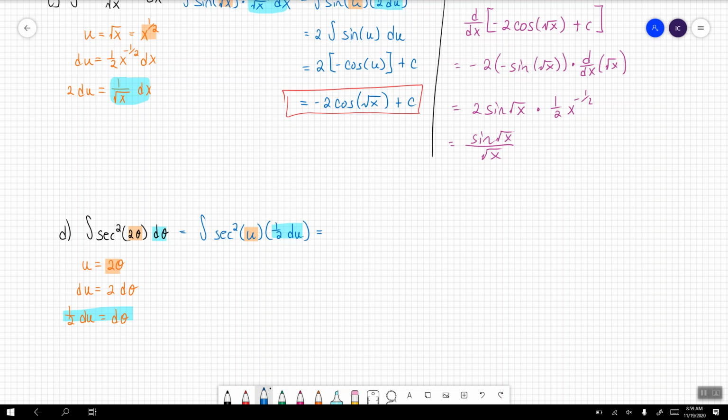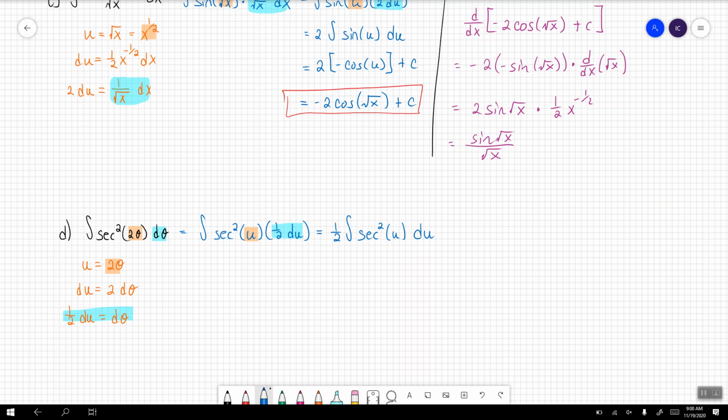So I'm going to keep going with my integration properties, factor out the 1/2, then that's secant squared of u du. And this is where we want to be, specifically because we should know the function that we need to take the derivative of in order to get secant squared.